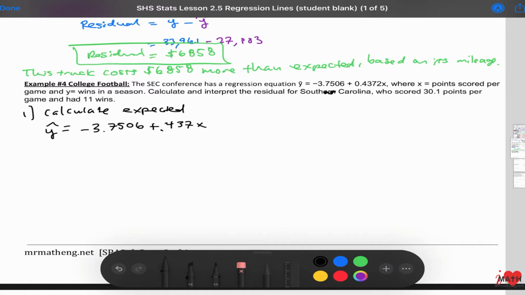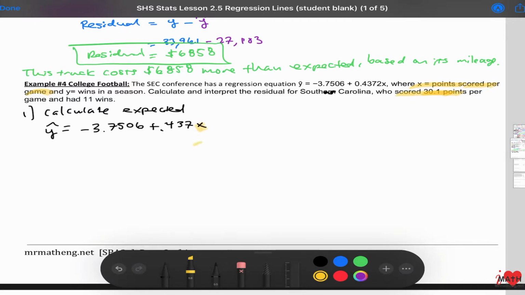The first thing I'm going to do is, x represents what? Points scored per game. So how many points do they score per game?